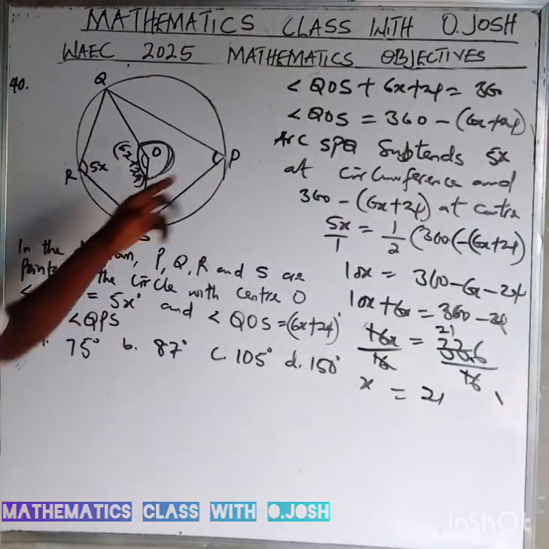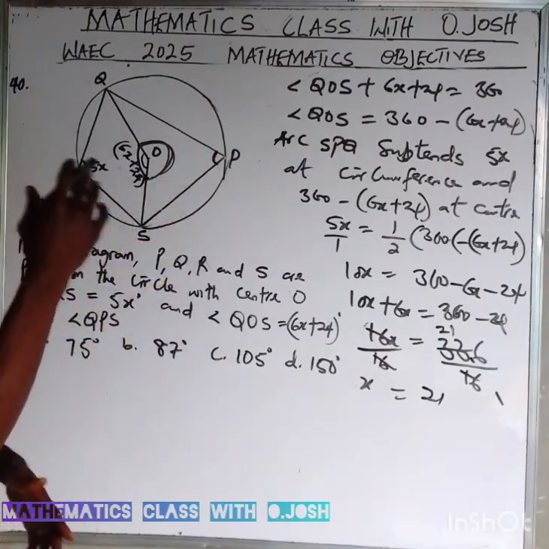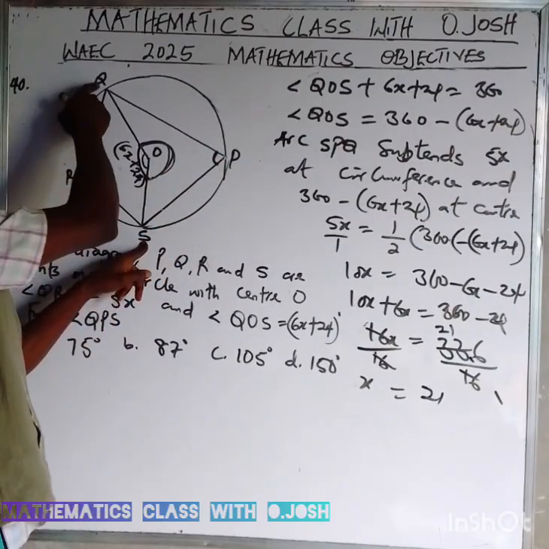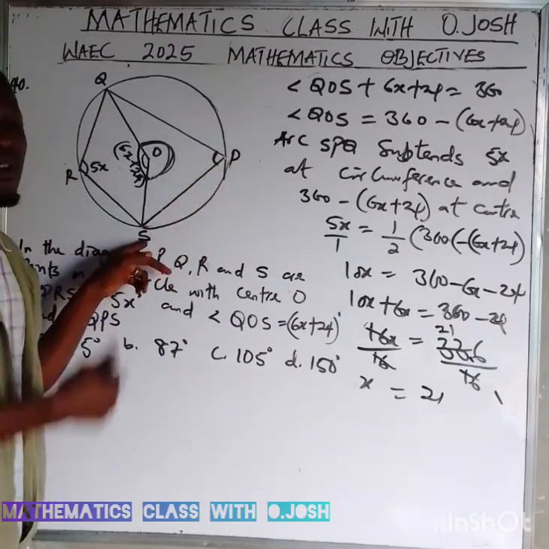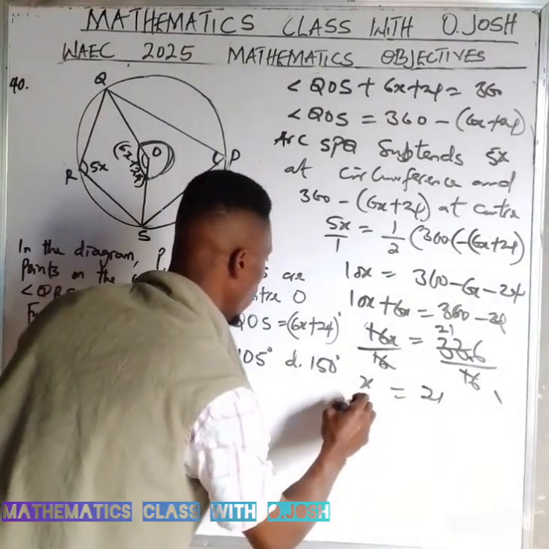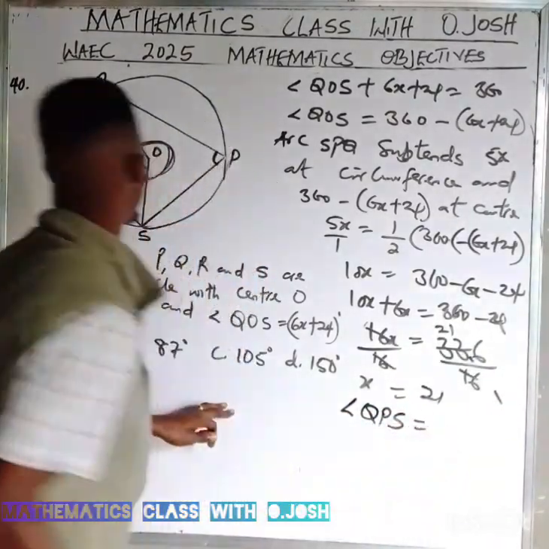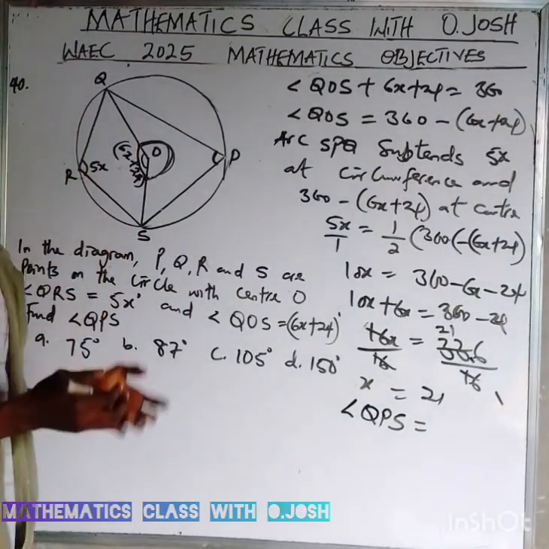Now recall, we're looking for this angle QPS. That's the value of this angle. And I said that minor arc SRQ subtends angle QPS at the circumference. So hence angle QPS is equal to half of what it has at the center.